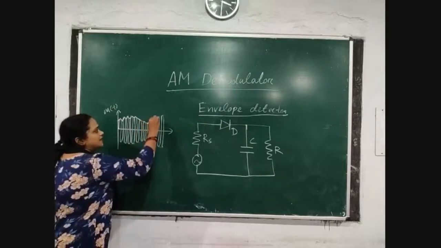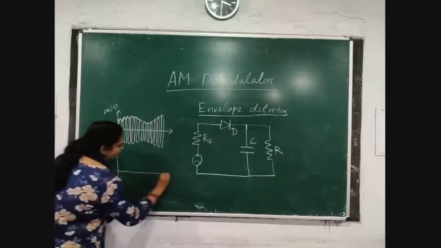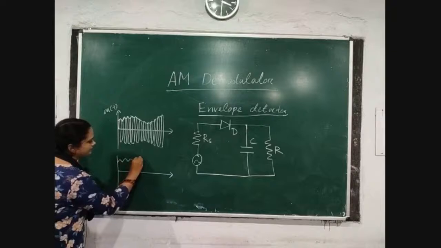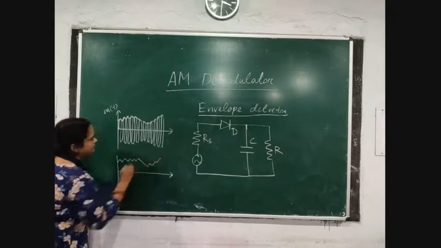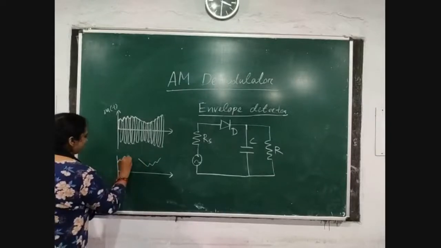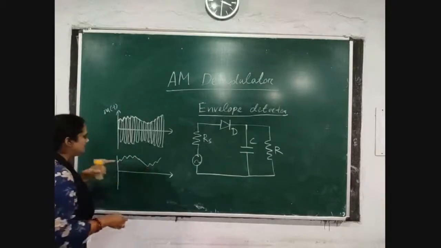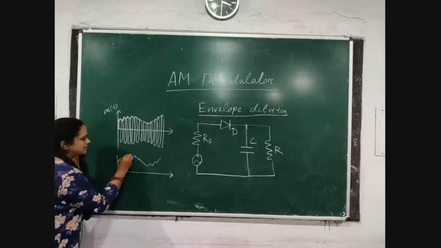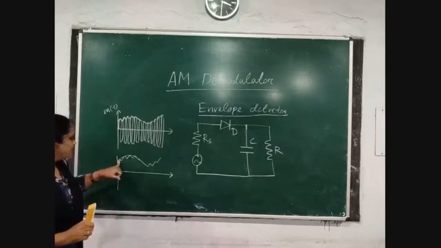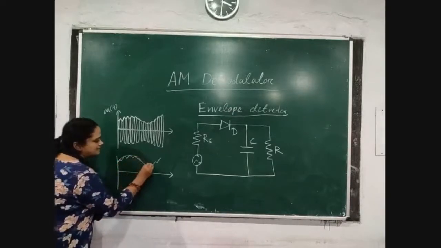Like this it repeats again and again, and this portion is the modulating signal, but we have to approximate the signal because the original modulating signal is never in this shape. So we have to approximate the signal like this.